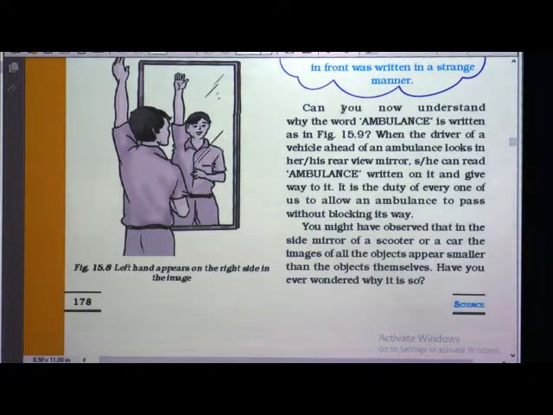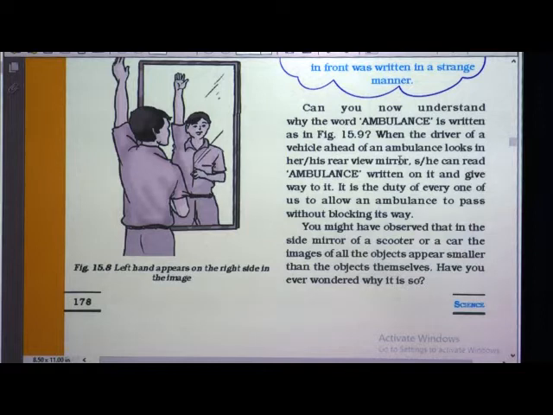So can you now understand why the word ambulance is written as in figure 15.9? When the driver of a vehicle ahead of an ambulance looks in her or his rear view mirror, the rear view mirror means the mirror at the front side of a car or any vehicle, four-wheeler or two-wheeler.